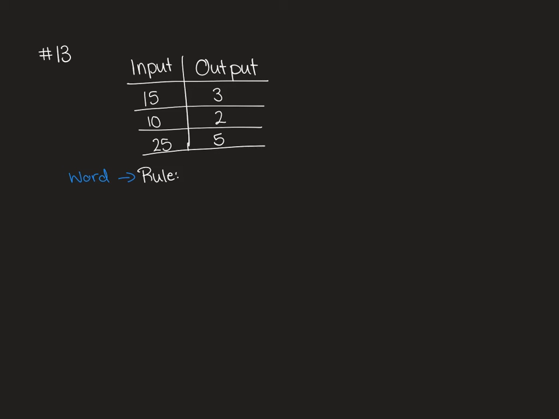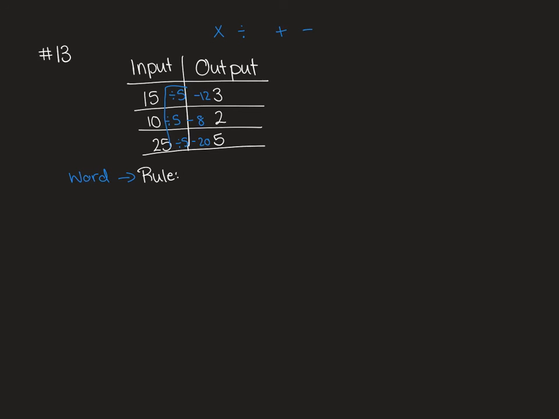So if we're going from 15 to 3, 10 to 2, and 25 to 5, we have to figure out, is this going to be multiplication and division, or is this going to be adding and subtracting? So if you look, you go, okay, 15 to 3 could be divided by 5, or it could be minus 12. 10 to 2 could be divided by 5, or it could be minus 8. 25 to 5 could be divided by 5, or it could be minus 20.